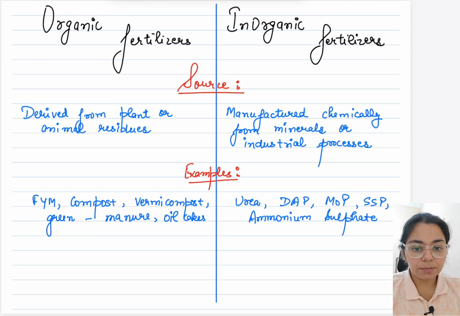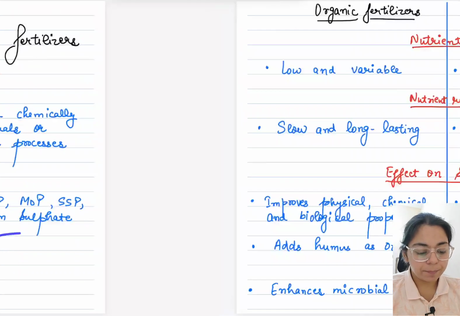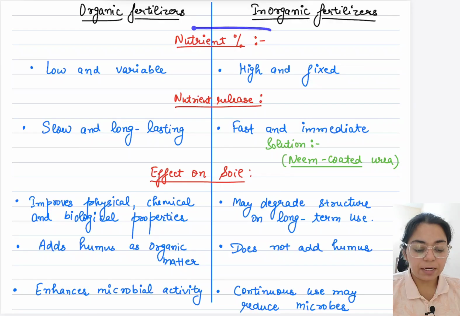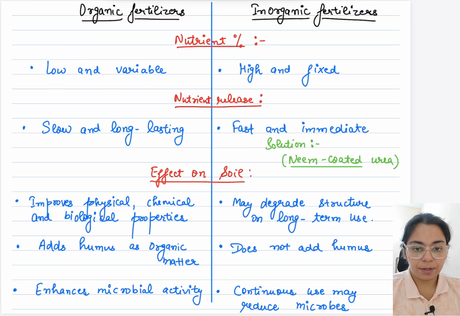So what will the properties be? Organic ones will be derived from plant and animal residues, and inorganic ones will be manufactured chemically from minerals or industrial processes. The examples you already know, okay. Then the nutrient percentage in organic fertilizers, there will be great difference. In organic fertilizers, the concentration of nutrients will be low, while the number of nutrients will be variable.